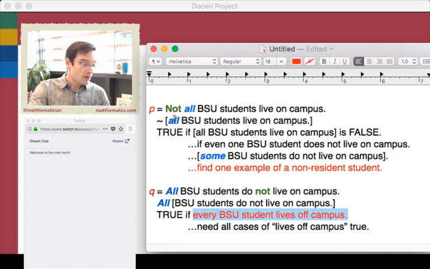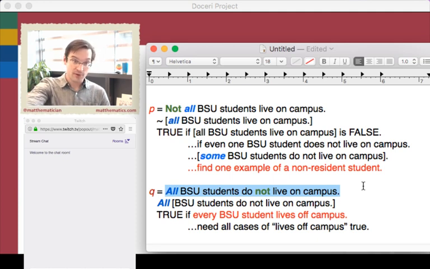Right? So for P, it was sufficient to show one example of a non-resident to prove that P is true. Not all BSU students live on campus. For Q, in order to prove that this is true, we need to show that every BSU student lives off campus. Right? And that's probably not true, because if you're watching this broadcast and you happen to live in Shea Durgan, for example, then you are a resident student, and therefore this is not true.